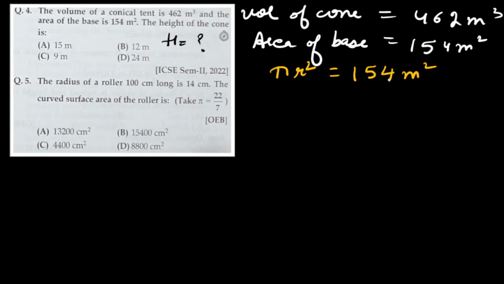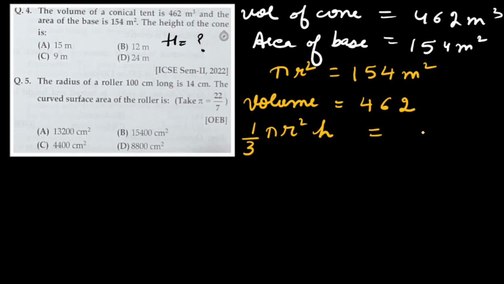So given thing, I'm going to use volume of cone formula here. Volume of cone is actually given to me as 462. What's the formula of volume of cone? It is 1 by 3 pi r square h. So this is equal to 462 meter cube.